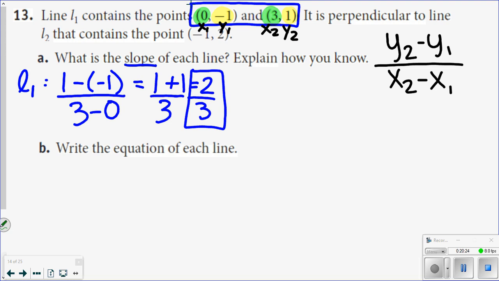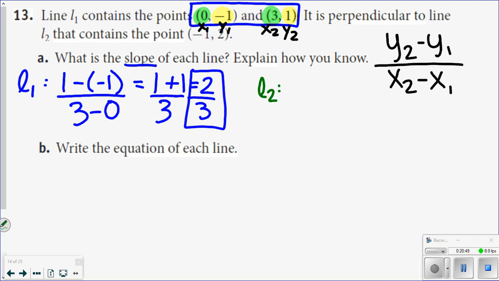Let's find the slope of line 2, the second line. So let's go back up and I'm going to read the directions. It is perpendicular to line L2. So what do we know about perpendicular slopes? They have to be opposite signs.